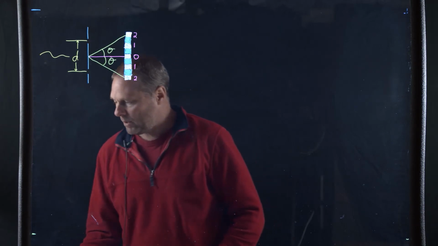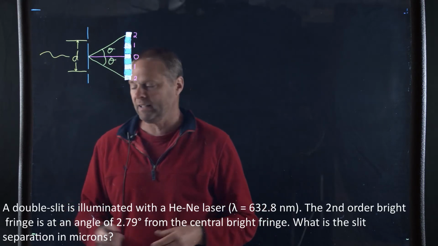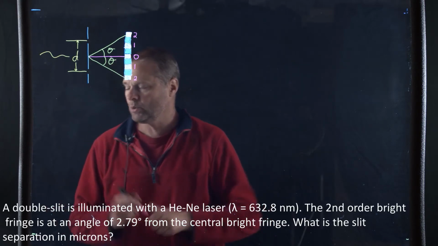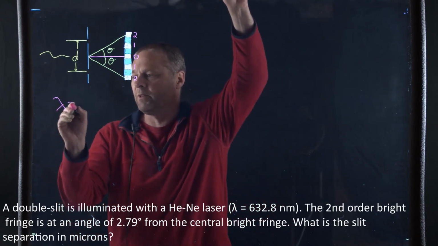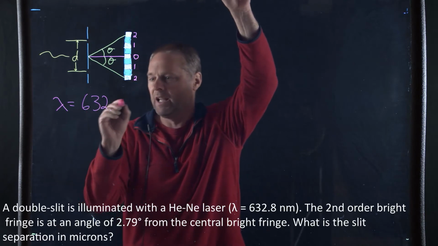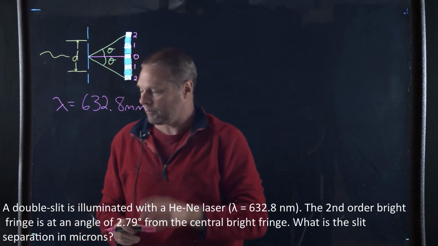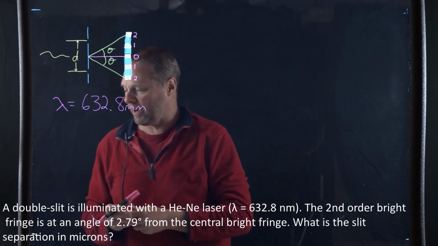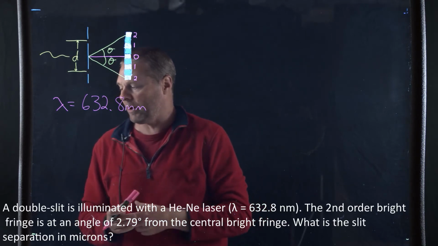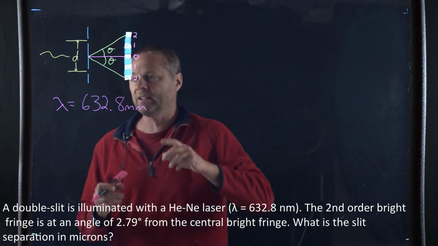Now, in this problem, it states that a double slit is illuminated by a helium neon laser, whose wavelength is equal to 632.8 millimeters. The second order bright fringe is at an angle of 2.79 degrees.